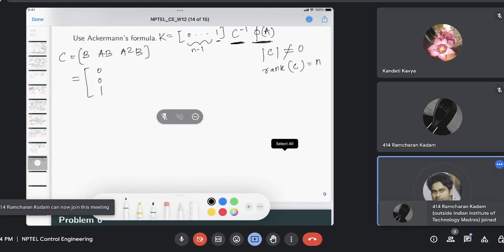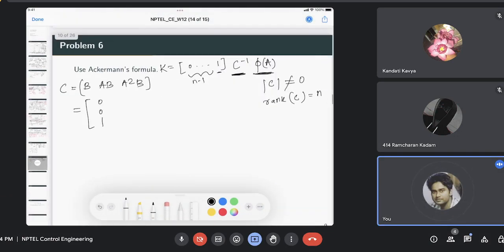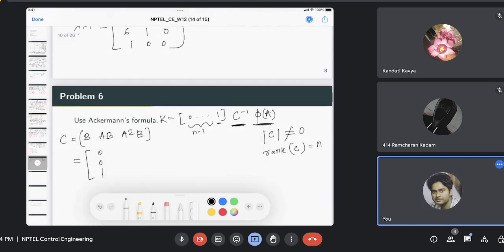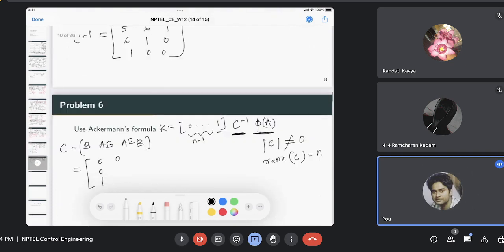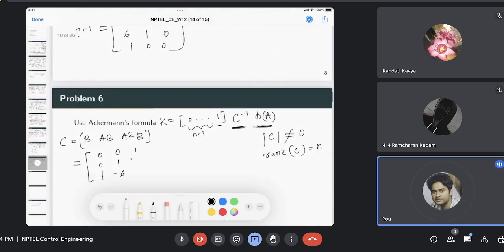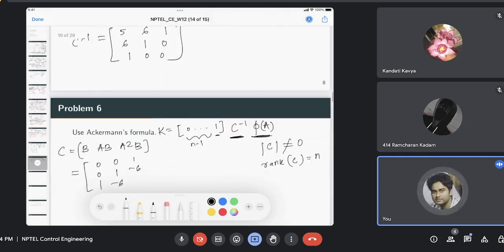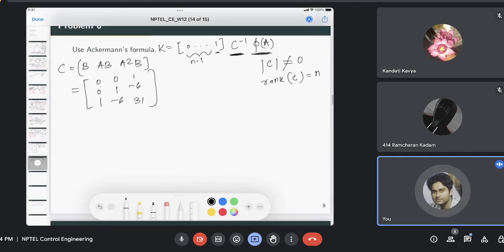We already have the C inverse matrix, and C is 0 0 1, 0 1 minus 6, 1 minus 6 31. Then we also need the characteristic equation, and we put A there. So what is this characteristic equation?